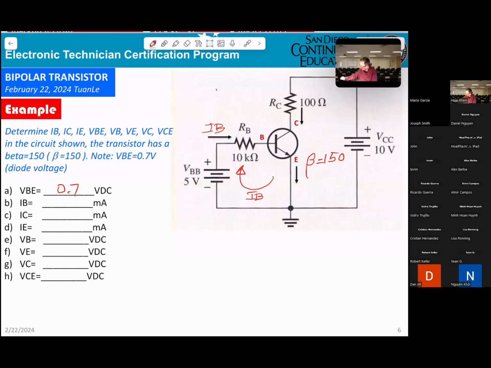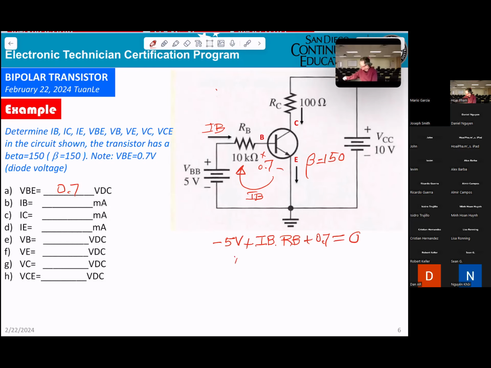Then you get minus 5 volts, and when you hit RB, you plug IB times RB, and then minus 0.7, equal 0.